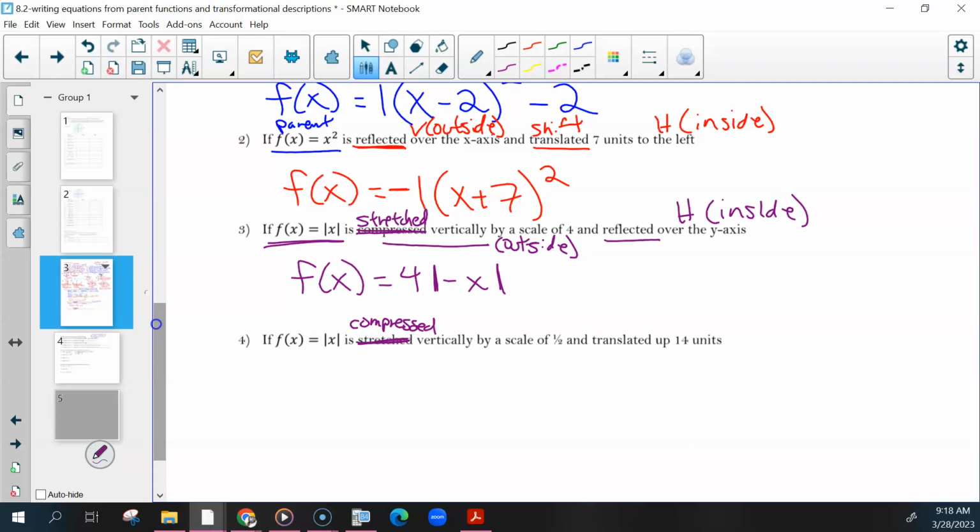Do we have anything else we need to add? Or did we get all the transformations? Are we done with this? Are we missing something? It's not a trick question. No, we're not missing anything. We're done. Do we have any questions on that one?